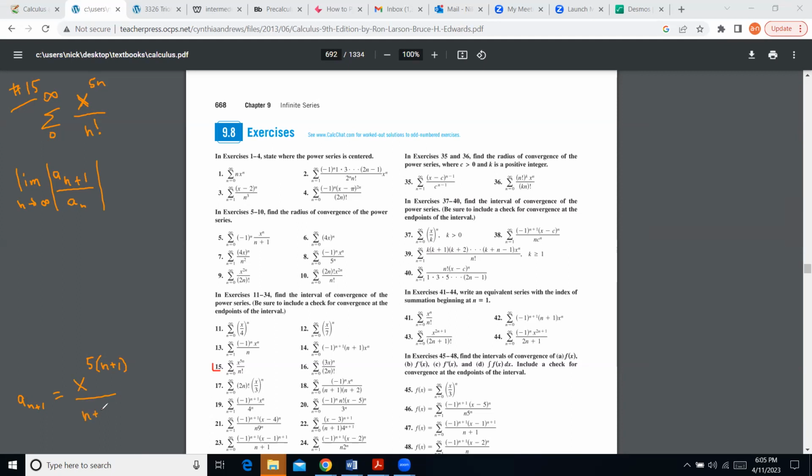So for the n plus first term, I need to replace my index n with n plus 1. So the denominator nicely factors as n factorial times n plus 1. And for the numerator, when I distribute the 5, we get x raised to the 5n power, multiplied by x raised to the fifth power.